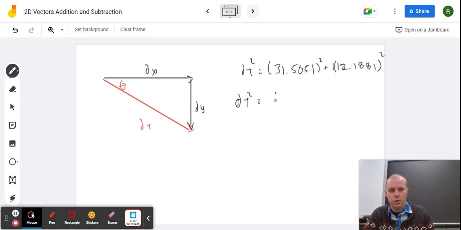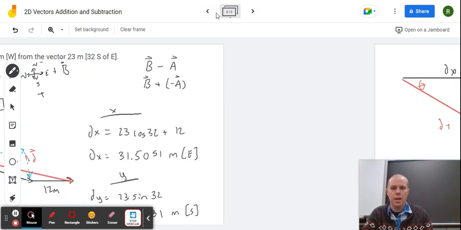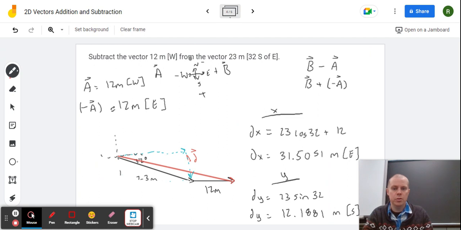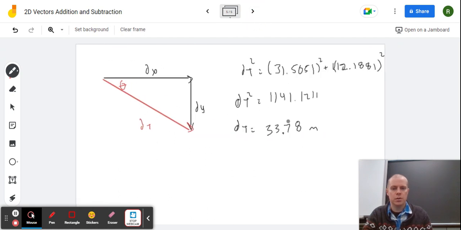Okay. Going to give me 1,141.1211. And then I'm going to take the square root of that, which gives me 33.78 meters. And if I take a look, I am limited to 2 significant digits. Okay, so that's going to round to 34 meters.